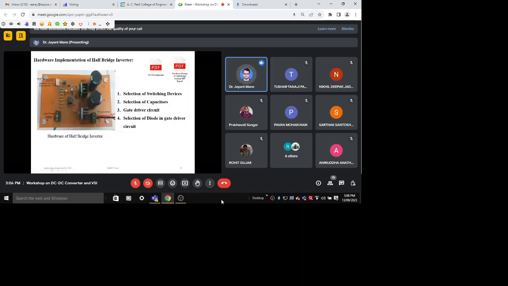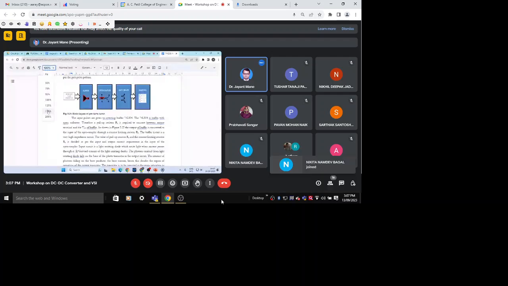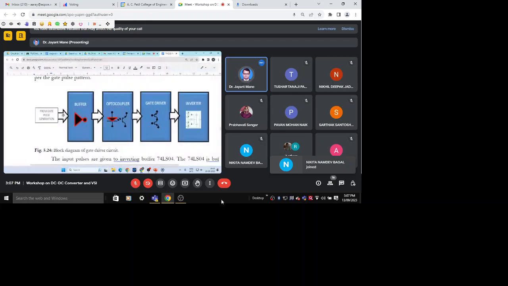Then there is a gate driver. This is the diagram. To drive any switch, it has to be connected, so there is some gate pulse generation, maybe a microcontroller.